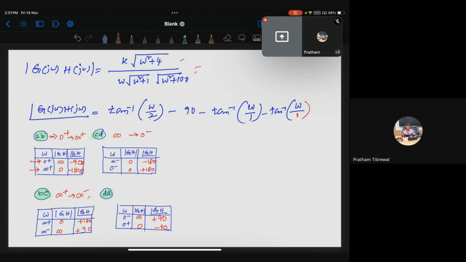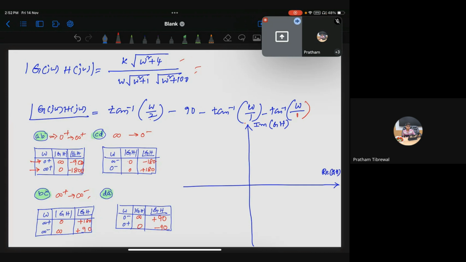Now you want to plot the Nyquist plot. This is the real axis of GH and the imaginary axis of GH. What is the first one? It starts where you can see here.